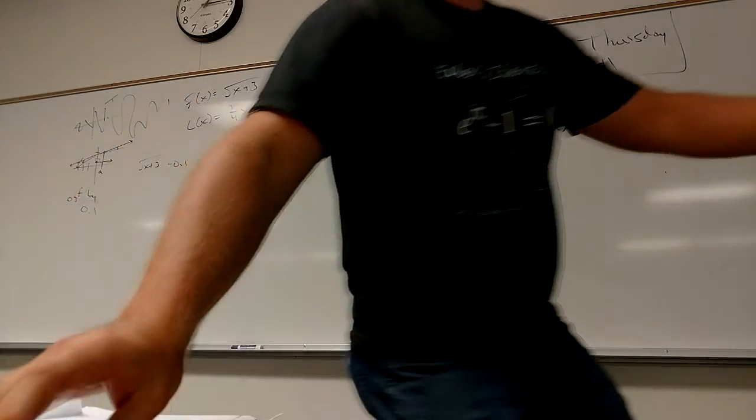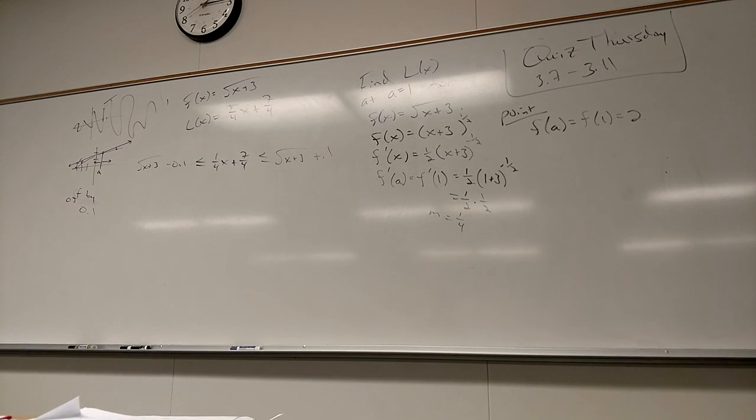Okay, so if I put in here these three things: square root of x + 3 minus 0.1, and then 1/4 x + 7/4, and then the square root of x + 3 plus 0.1.